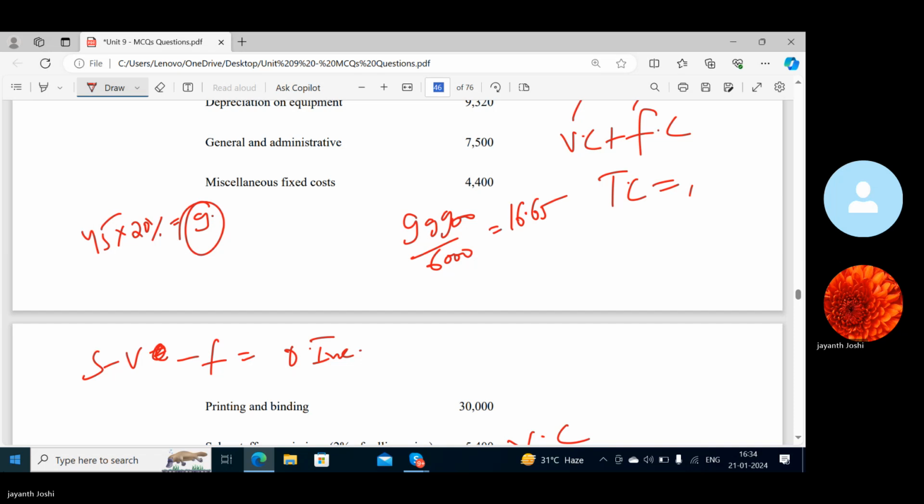So $45 into X minus variable cost 16.65 into X minus fixed cost, which we have just calculated, 104,720, is equal to 9 into X. Can you find out the X value?